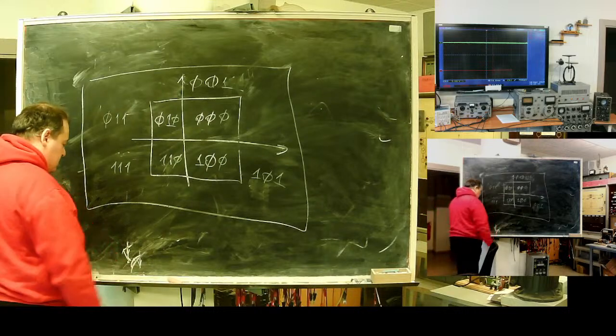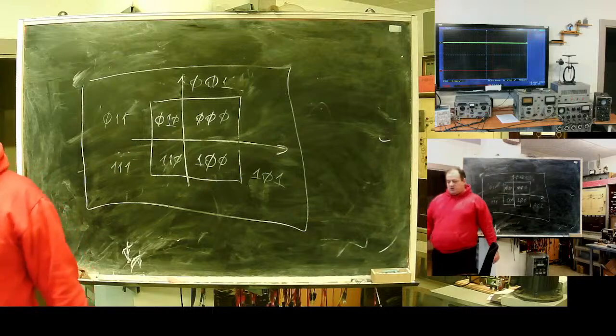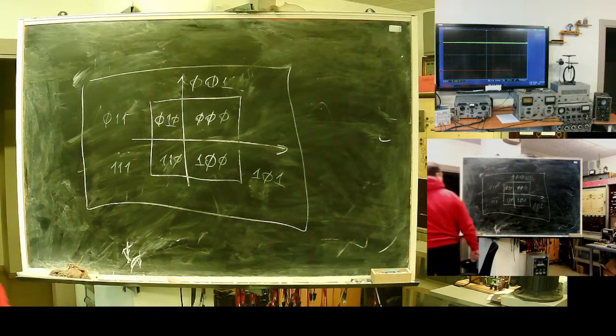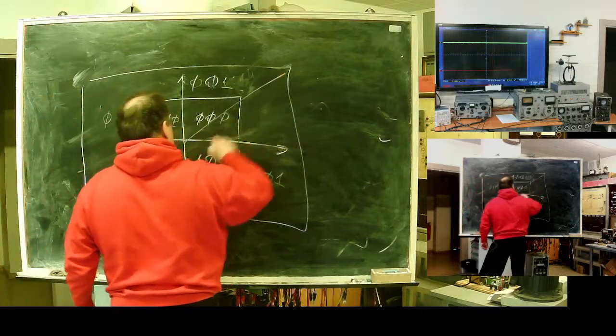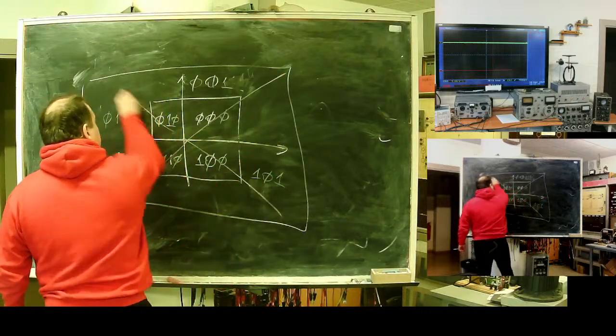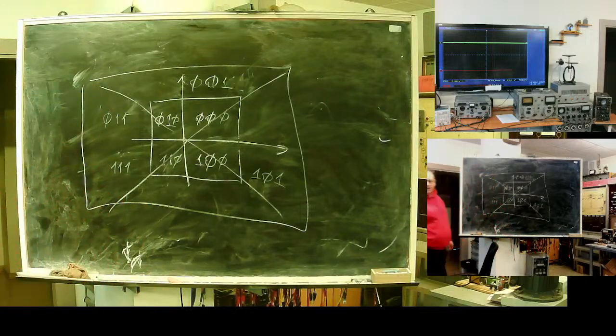If you go to the extreme, you will see so-called constellations. What can you do? This also doubles data capacity, yeah?